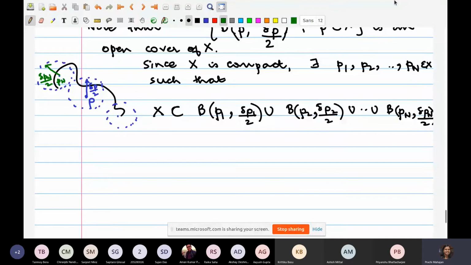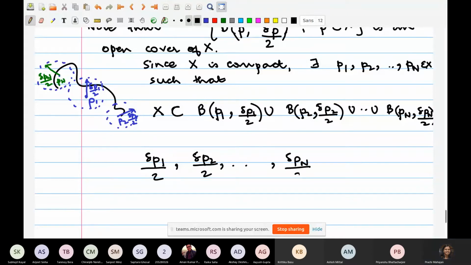Suppose this is P1, and this is delta P1 by 2, and this is P2, and this is delta P2 by 2, and things like that. Now I'm going to look at these finitely many: delta P1 by 2, delta P2 by 2, delta Pn by 2.